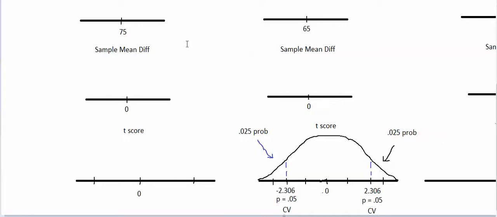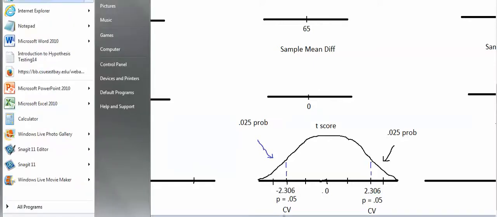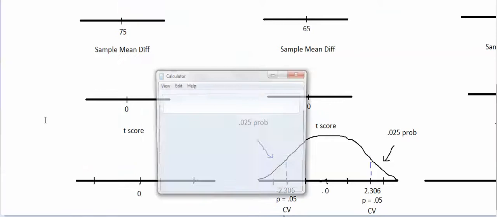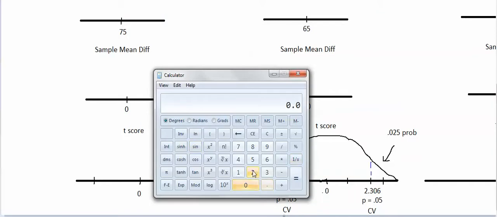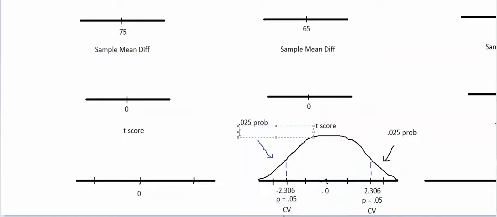What this probability actually means is that the t-score will land in here 2.5% of the time. If you multiply this probability by 100, you'll get the percentage of the time that the t-score will land there. 0.025 multiplied by 100 is 2.5, so the t-score will land in here 2.5% of the time.